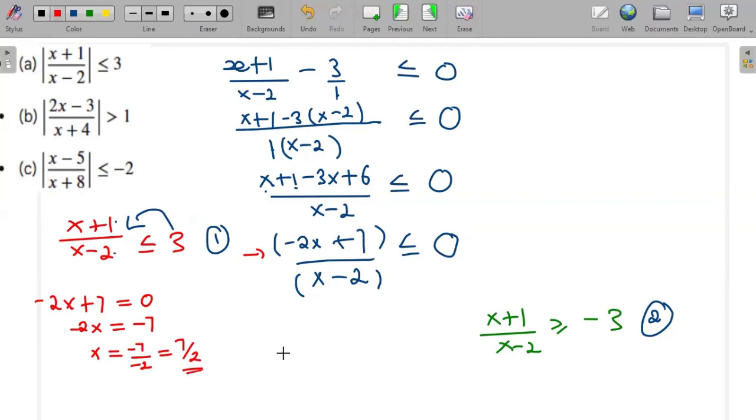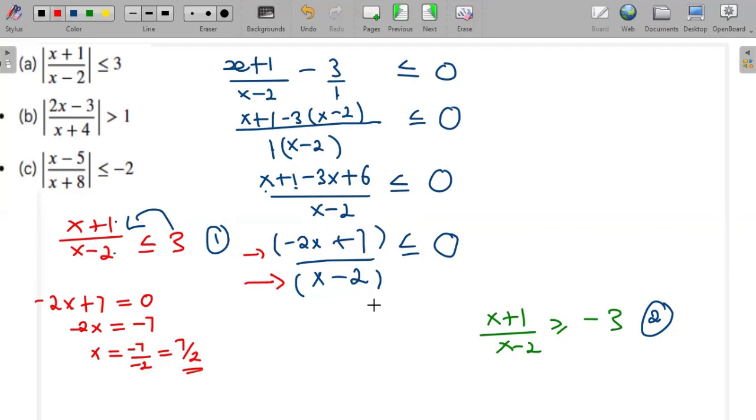But now I want you to take notice of what I'm going to do to the factor in the denominator. Maybe I forgot to mention it on the other one: the denominator can never be 0.